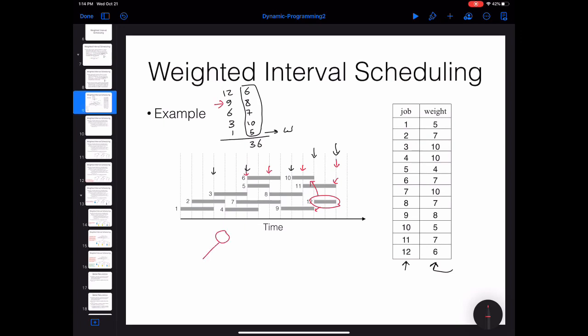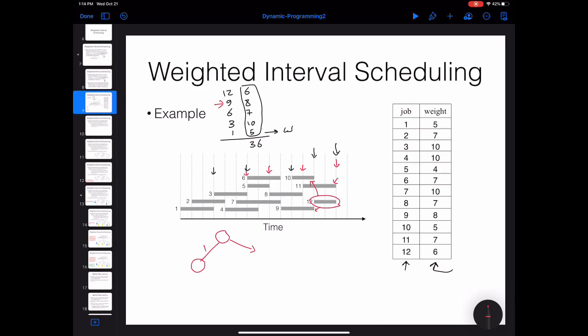If I take job 1, it means that the notes I'm trying to draw are just showing you the search: this choice is you have already taken one, and this choice is no, you didn't take one.